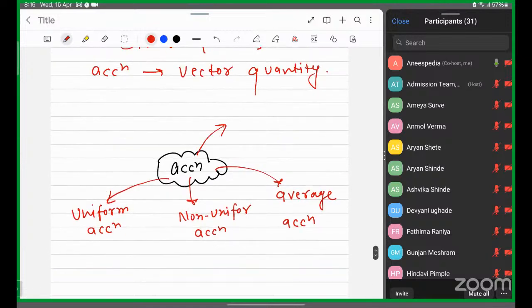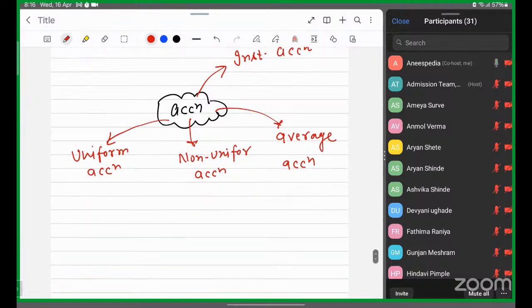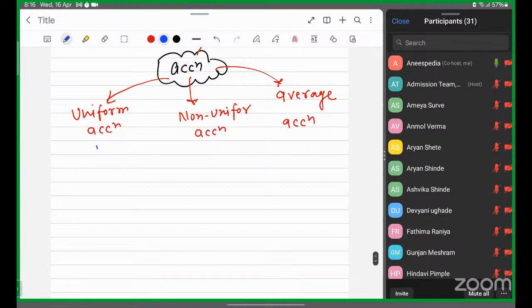And instantaneous acceleration. So in this case, how will you define uniform acceleration?